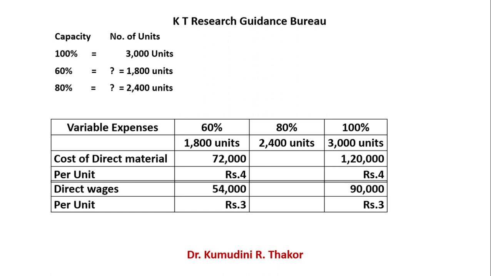So what it indicates is that at both levels the per unit cost is the same. It indicates that it is purely variable. And when we prepare the flexible budget, how can we find the total cost? Number of units multiplied by per unit price. It is easy. So the first calculation I explained to you.